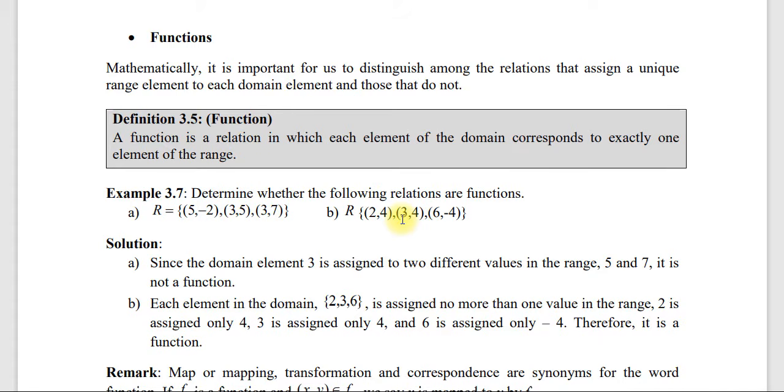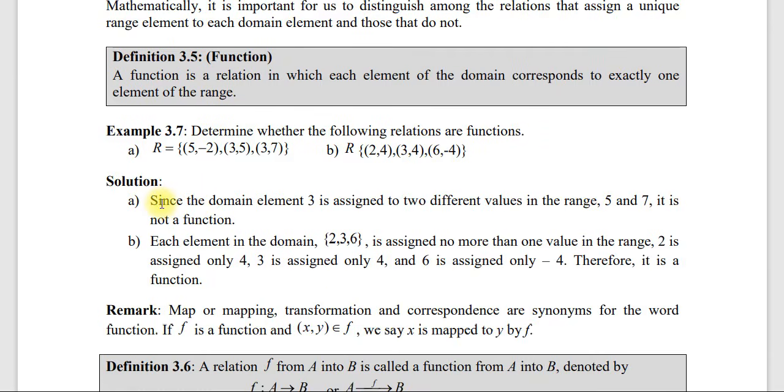When we see the solution part, A, since the domain element 3 is assigned to two different values in the range, 5 and 7, it is not a function. Okay እንደምታዩት እንግዲህ 3 ከ5 እና ከ7 ጋራ ምን ሆናለች? ፔር ሆናለች ማለት ነው። ስለዚህ ምንድነው እንላለን?